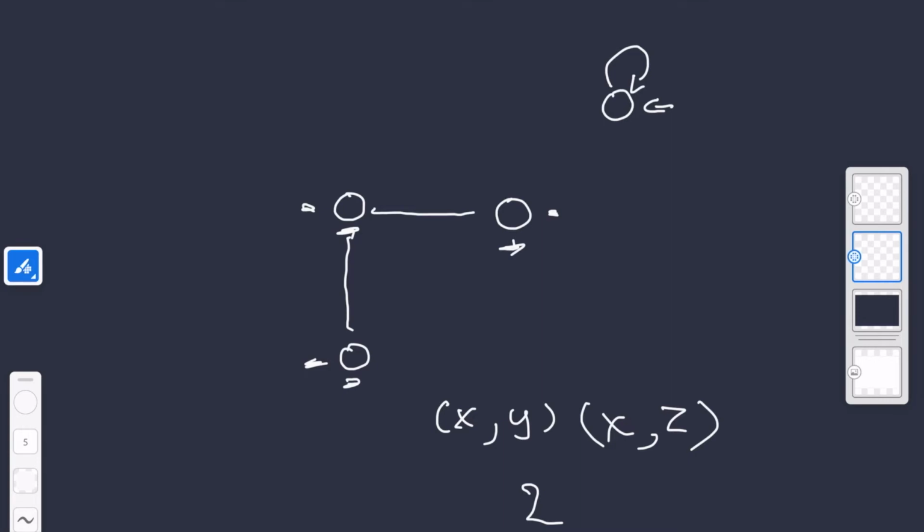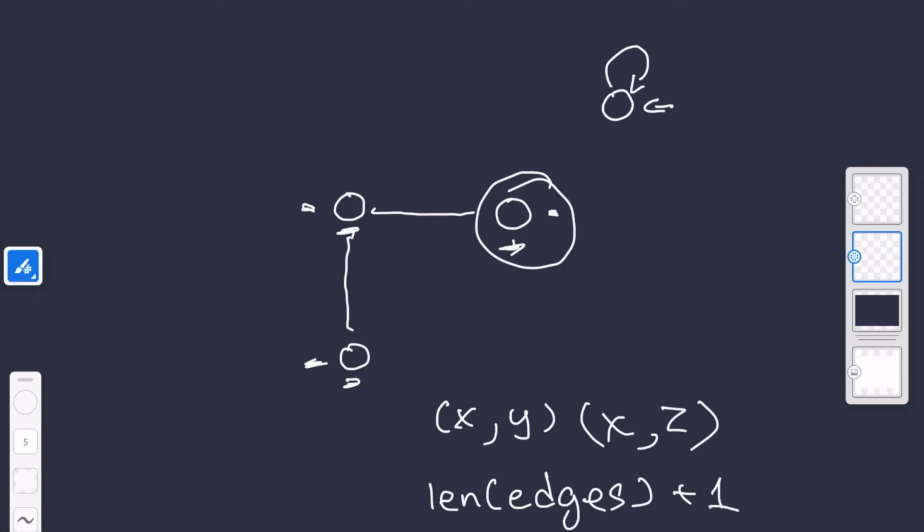And when we initialize, basically what we're gonna say is that we're gonna take the length of our edges, the input variable we get, and then we're just gonna add 1 node to account for all the other nodes, because if we don't, we'll be missing 1 node. So after that, this node points to itself, this node points to itself, and this node points to itself.